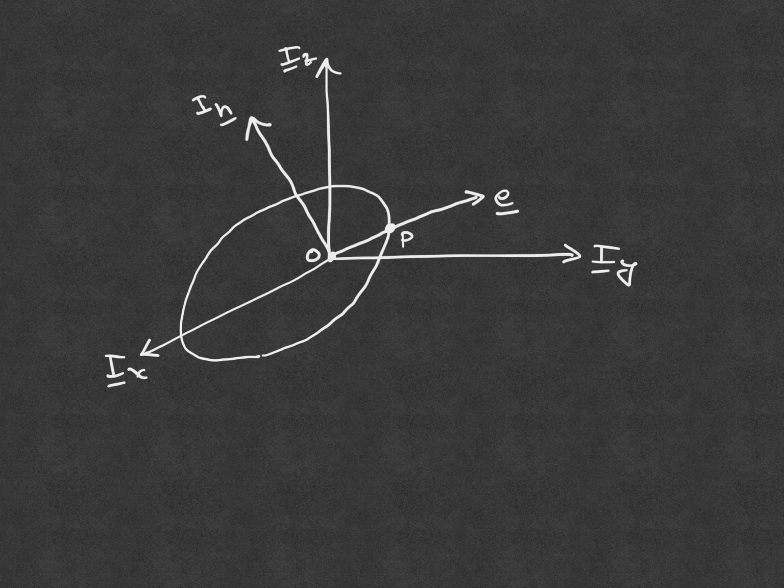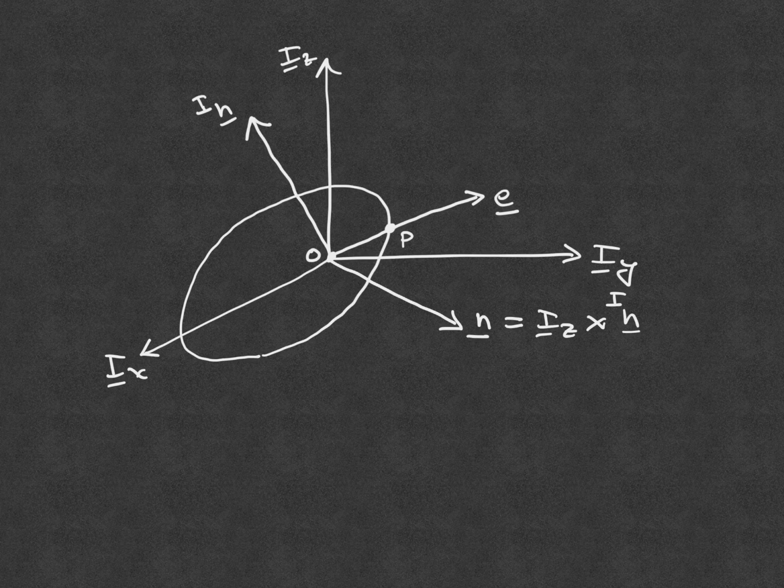The first one of these vectors is the vector Iz crossed with H. So Iz crossed with H is going to be called N. So N is equal to Iz crossed with H. Now you'll notice that because I've taken the vector product of Iz with H, Iz crossed with H has to be orthogonal to Iz, which means it has to be in the Ix-Iy plane.